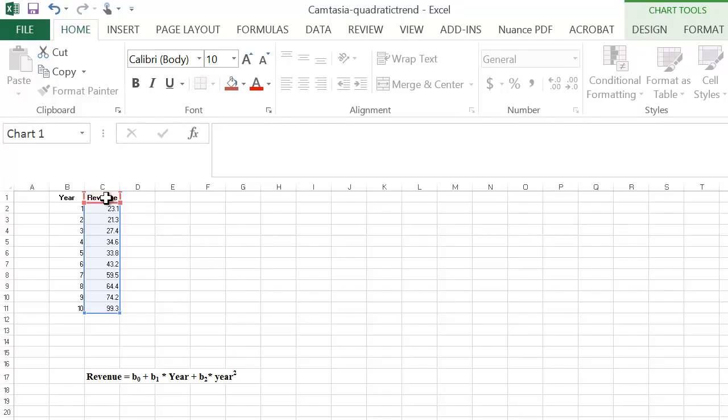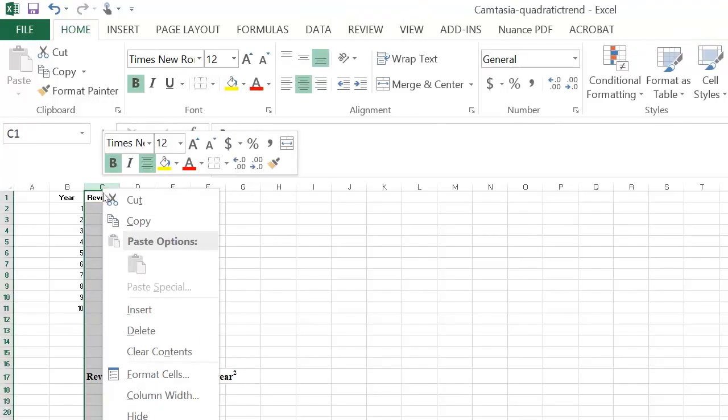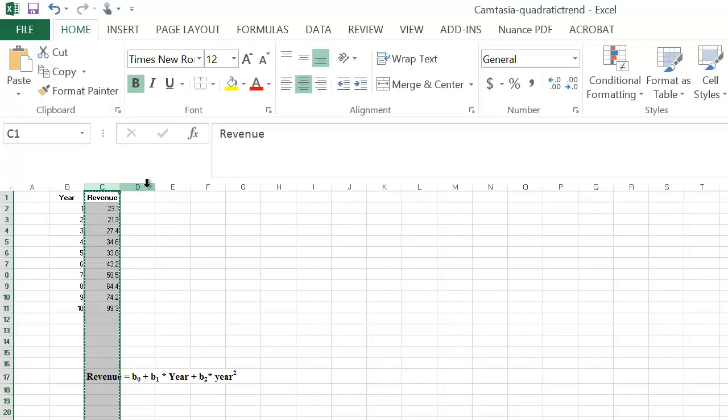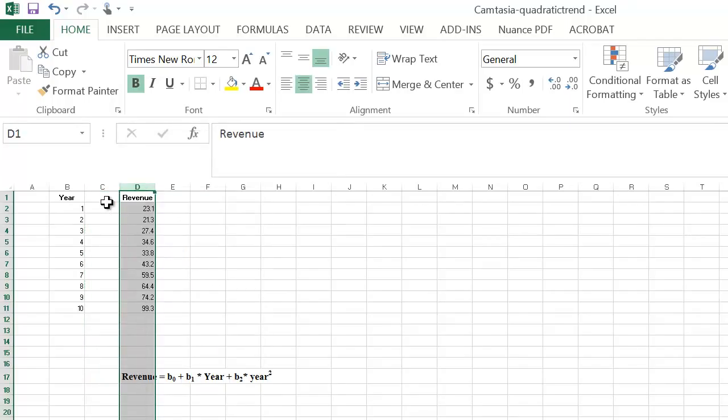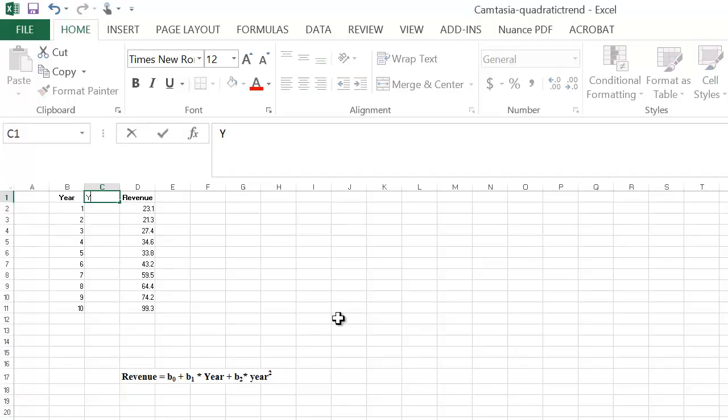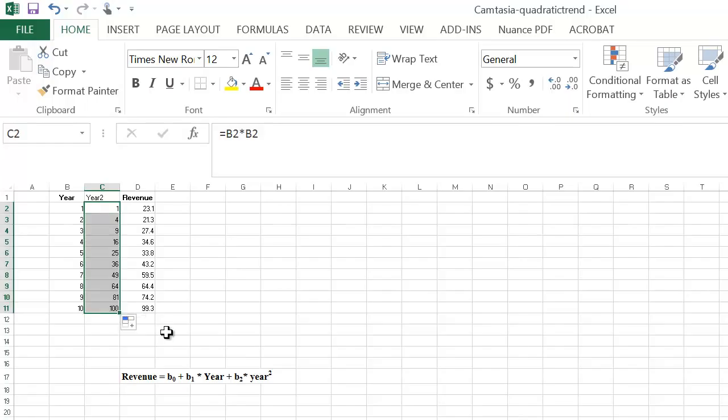I will also move this dependent variable a little bit so that it makes space for the year squared, the second variable. Remember we had the quadratic term, so this is basically year squared. So in this column I simply take the x variable and I square it. So 1 times 1, I just copy this formula down to the remaining cells, and there I have year squared.